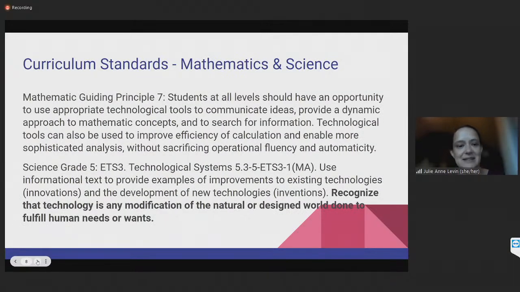In math and science, my favorite part here, in the mathematics guiding principles, I love the idea that it's okay to give a student a calculator at a certain point developmentally. I was asked to do long division in my head when I was in high school, but we're not asking students to do that today.